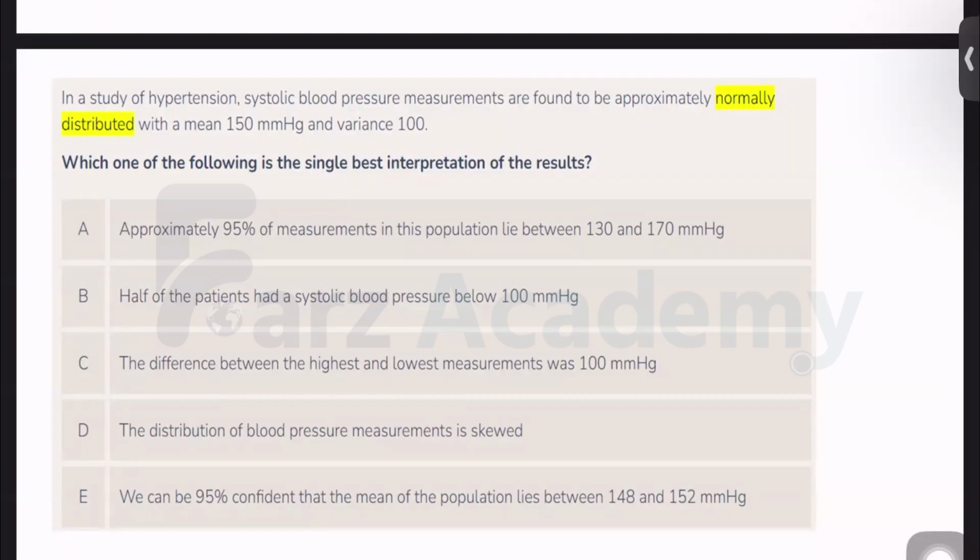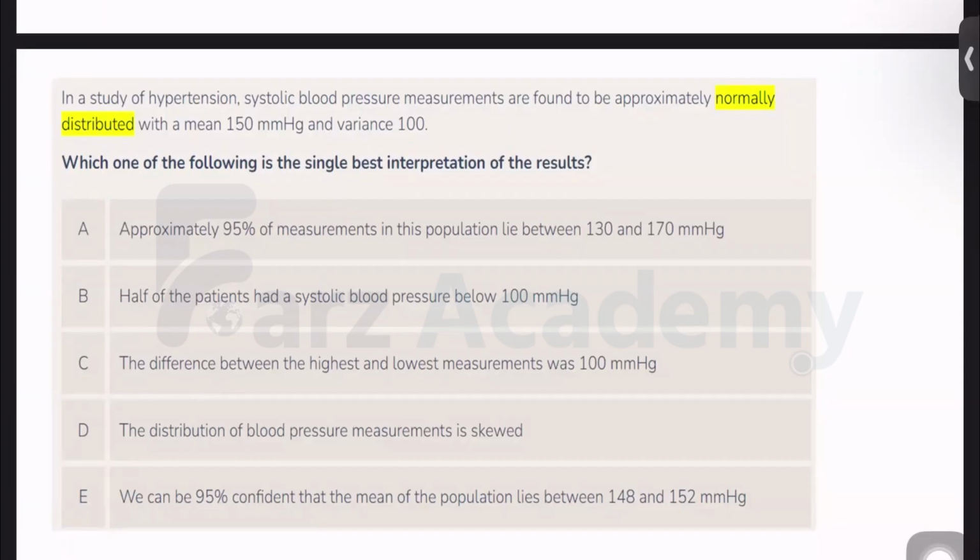Okay. Here we got the standard deviation as 10. Our option A is telling approximately 95% of measurements in this population lie between 130 and 170. So 95% means it is 1.96 standard deviations, so you can take it as 2.